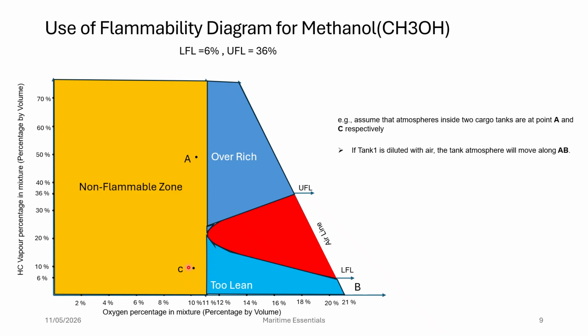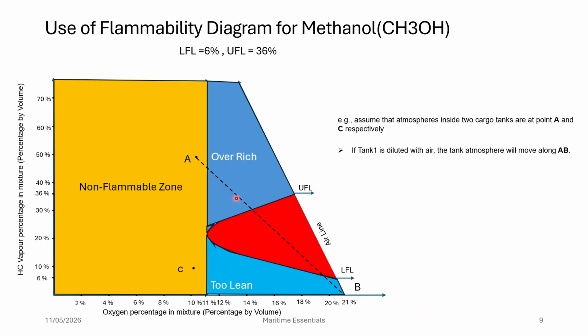If we dilute the tank atmosphere with air, the hydrocarbon percentage will go down and the oxygen percentage will go up, because air contains oxygen. So the tank atmosphere will follow the AB line.